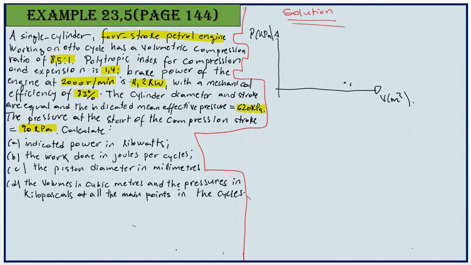So we have 1 here. From 1 to 2 we have the compression process, and from 2 to 3 we have the combustion process. From 3 to 4 we have an expansion process, and then from 4 to 1 we have the exhaust phase.